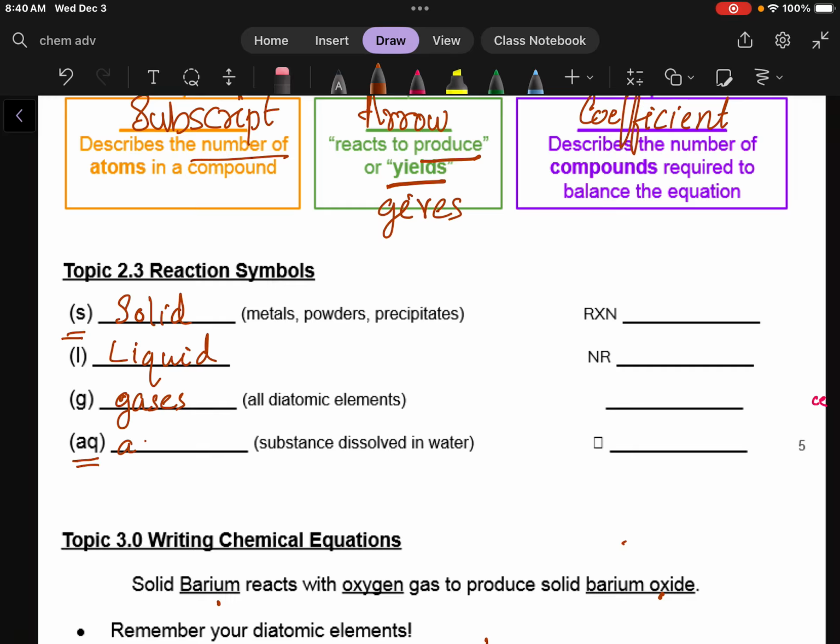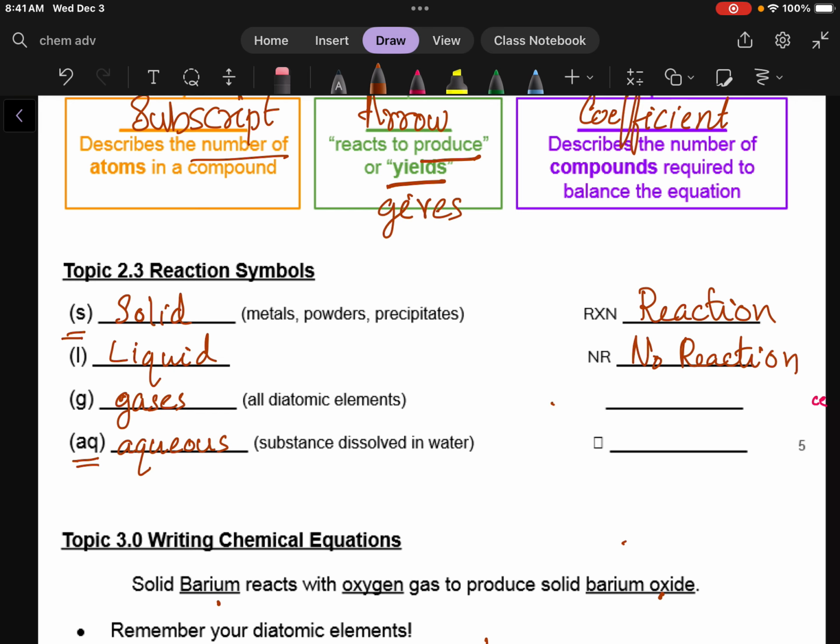Aqueous means, we have seen that in the previous lab, something which is dissolved in water is called aqueous. And RXN is the abbreviation of reaction. NR means there is no reaction.